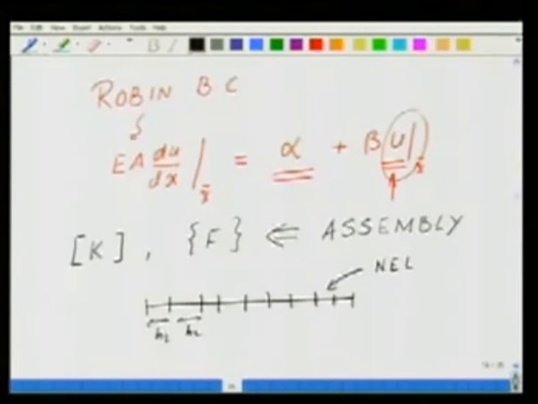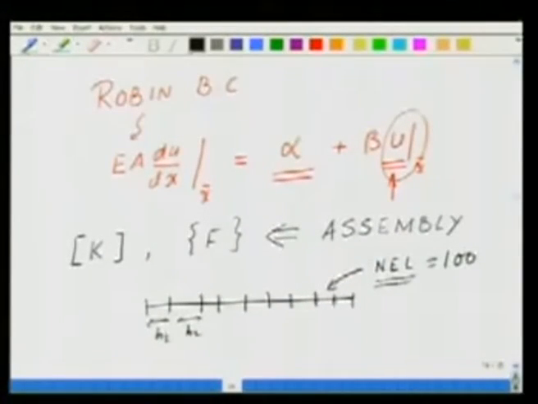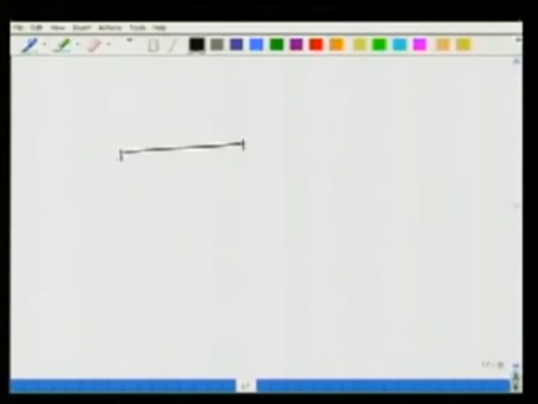From what we have done, the stiffness matrix for any number of elements, let us say NEL is equal to 100, can be easily formed using the stencil that we have given. And what is the stencil? It is that the equation will have out of the element contributions due to N1 of the element L and N2 of element L. So, the equations for the element remain unchanged irrespective of whether we are using 100 elements or 5 elements.